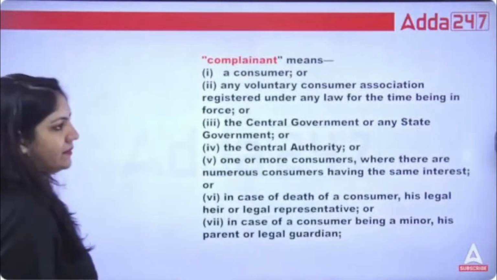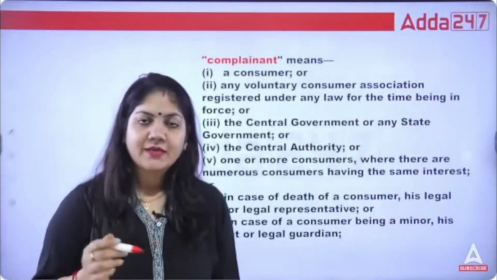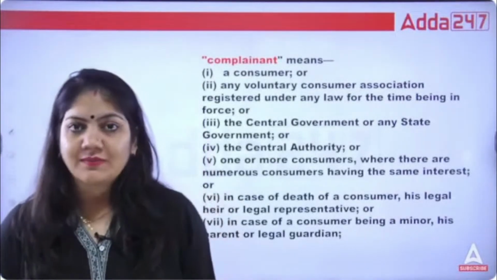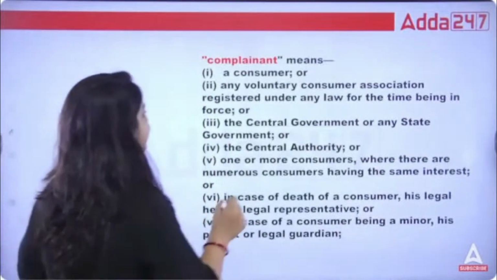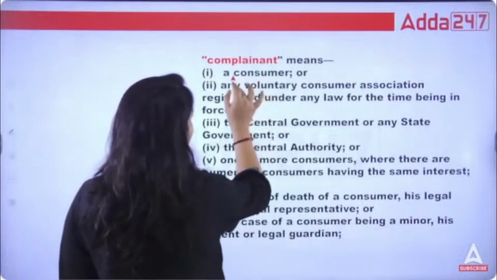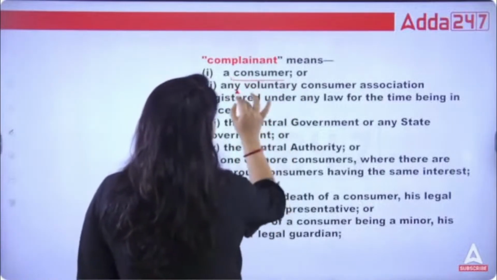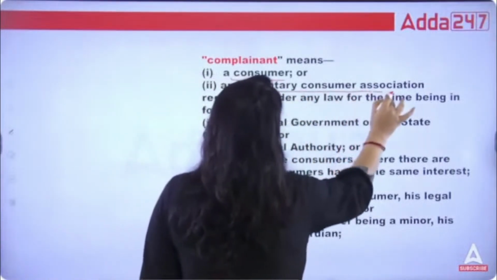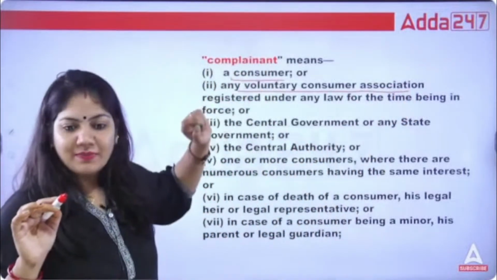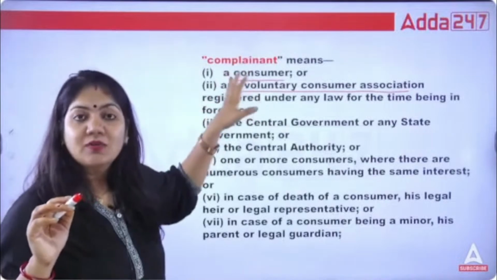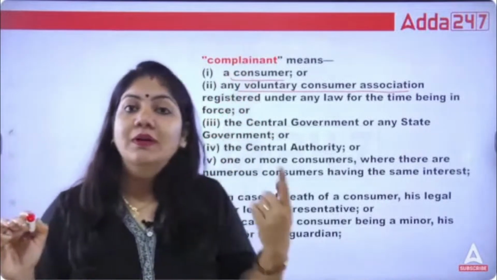What is complaint? We are the consumer. Under the Consumer Protection Act, we have to complain. So complaint basically means a consumer or any voluntary consumer association. Okay, what is complainant? This is not complaint, this is complainant. So the complainant is the person who complained.